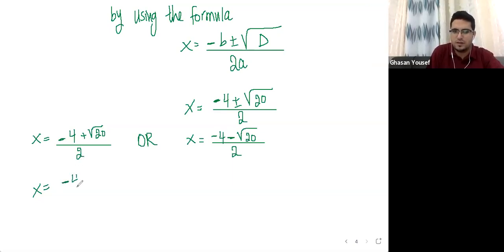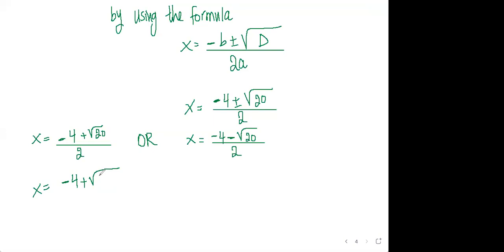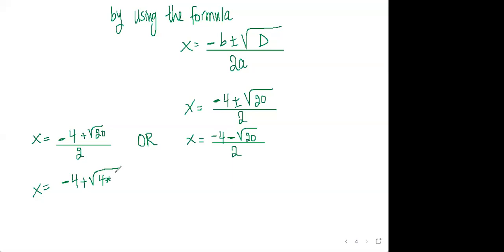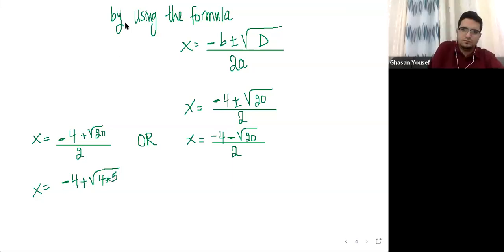So this is equal to minus 4. What is the factor for the 20? The square root of 4 times 5. So minus 4 plus the square root of 4 times 5, over 2.